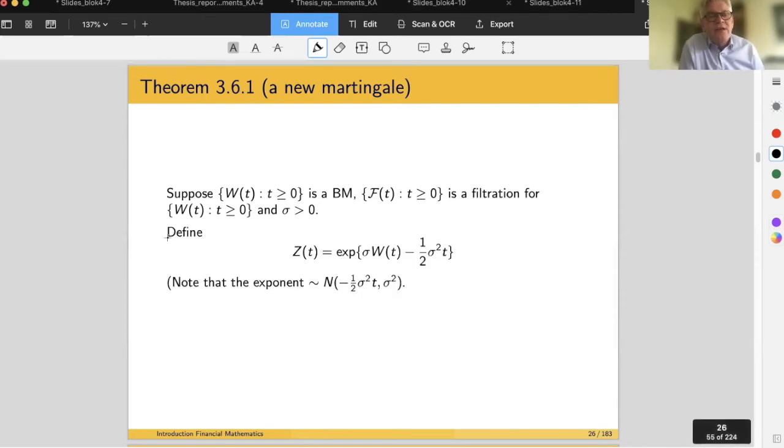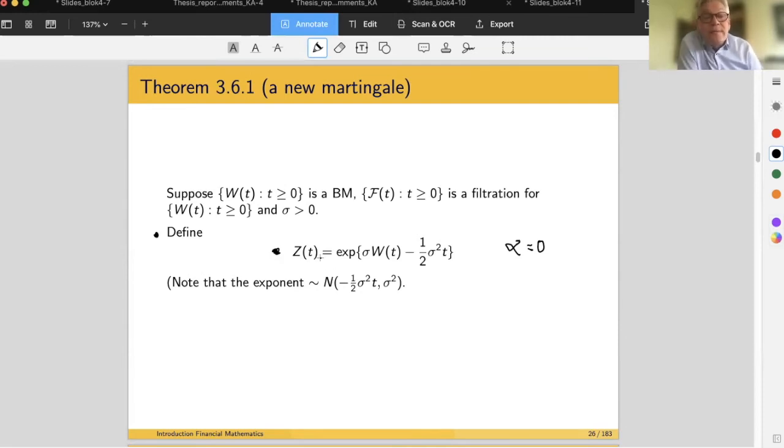Now let's define a new stochastic variable, Z of t, defined as the exponential function of sigma Wt minus 1/2 sigma squared times t. So we recognize a geometric Brownian motion, but we also see that alpha, the alpha from before, is equal to 0 here. That is still quite crucial in this respect. So it is a special geometric Brownian motion with alpha equal to 0.